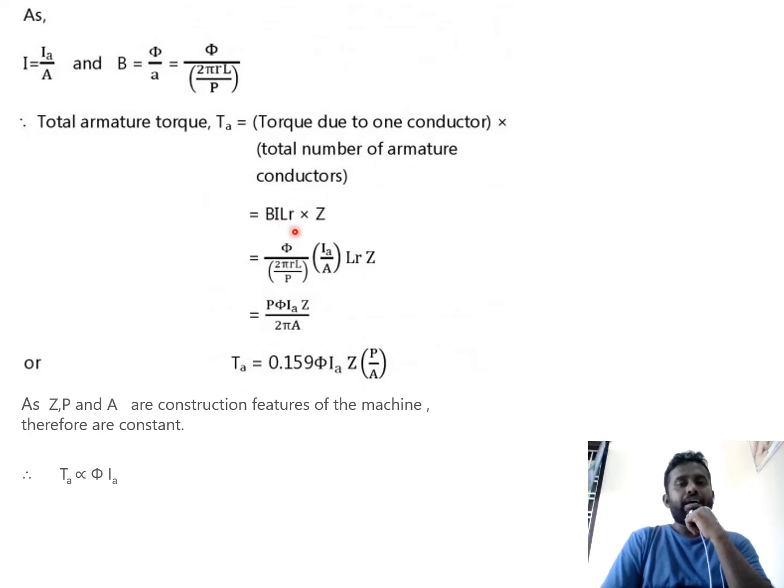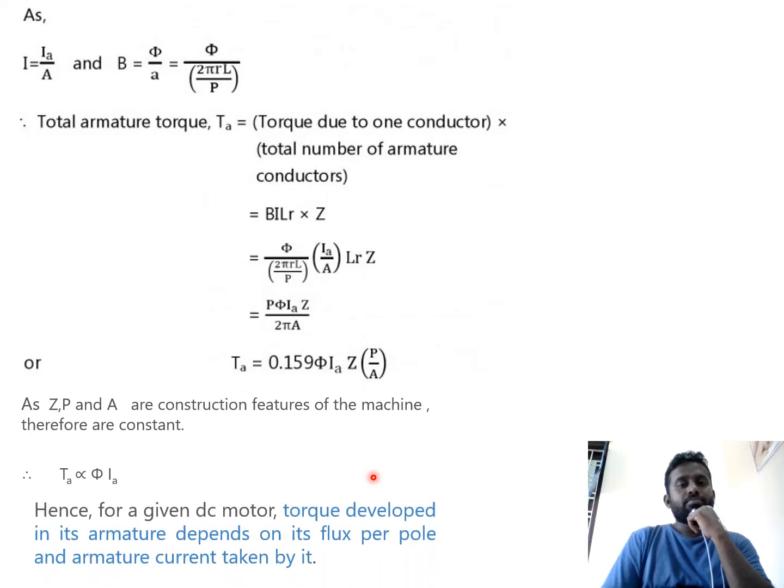So BILR into Z, if you substitute the values of B and I, you will get TA is equal to 1 by 2 pi, or 0.159, phi Ia Z P by A. Z, P, and A are all constants, so T is proportional to flux into armature current. So this is the expression for torque. Hence, for a given DC motor, torque developed in its armature depends on the flux per pole and the armature current taken by it.